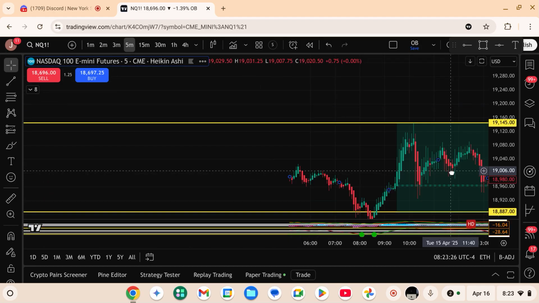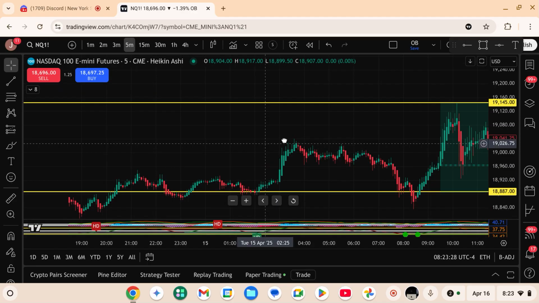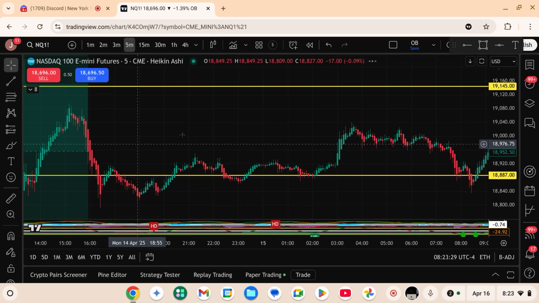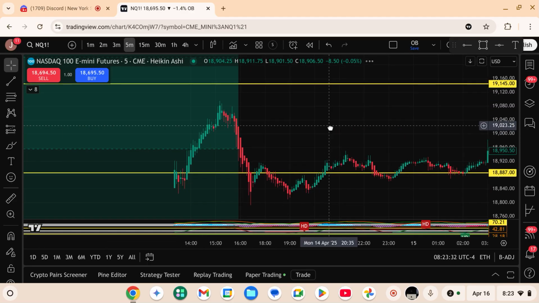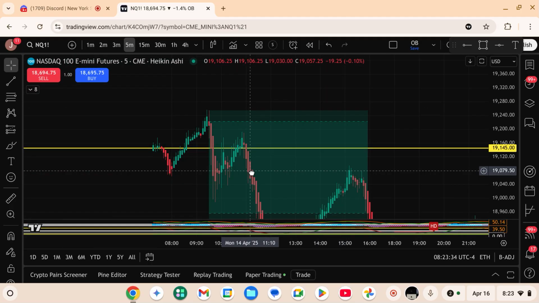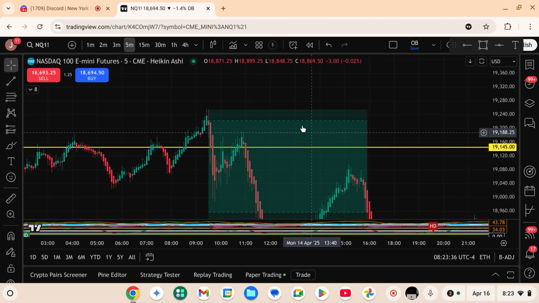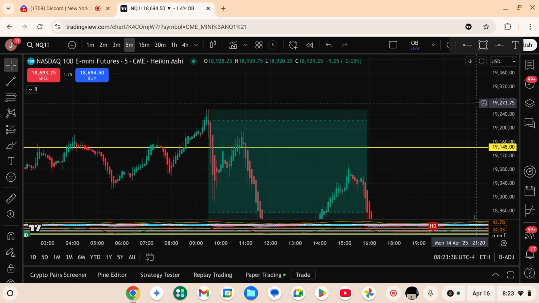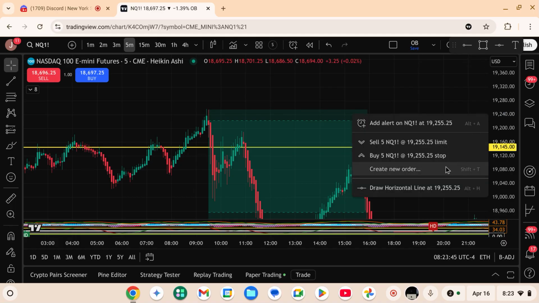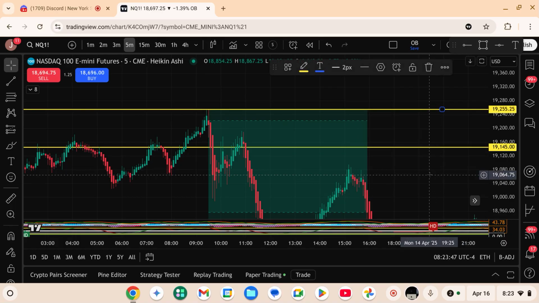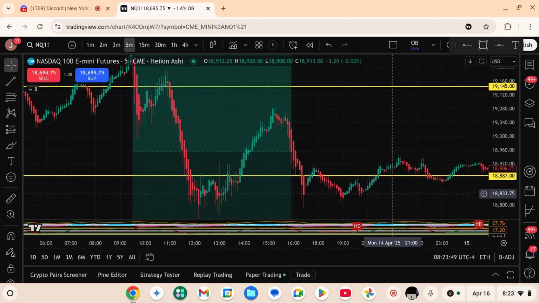Okay, now we need the previous day. Previous day high and low. The highest point from Monday right here. And the lowest point from Monday.